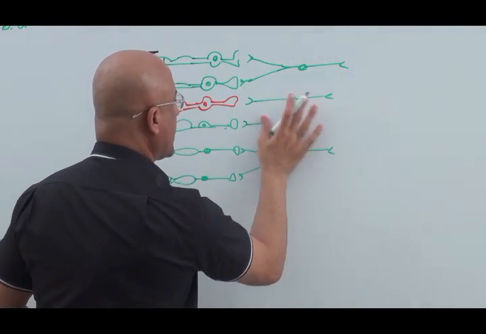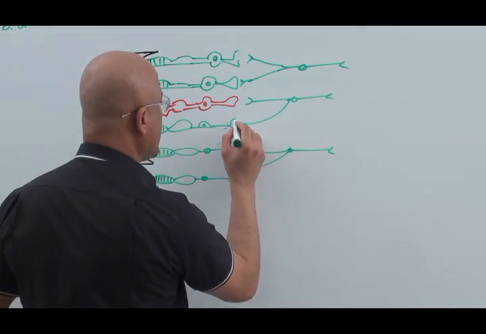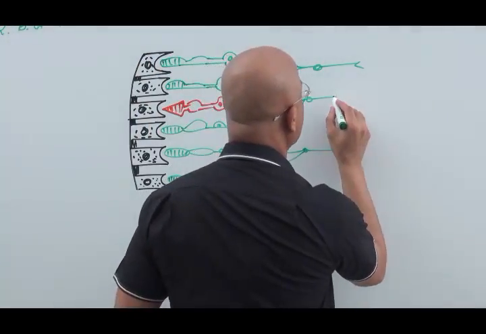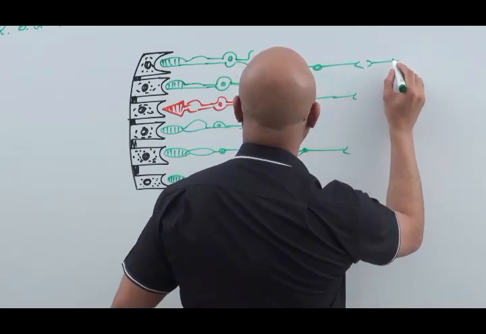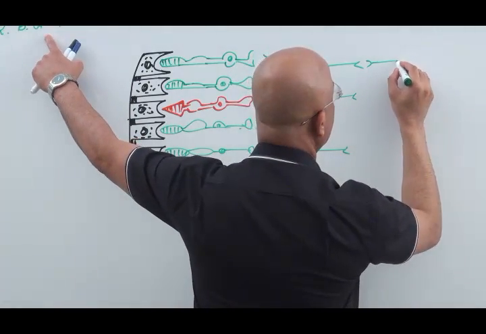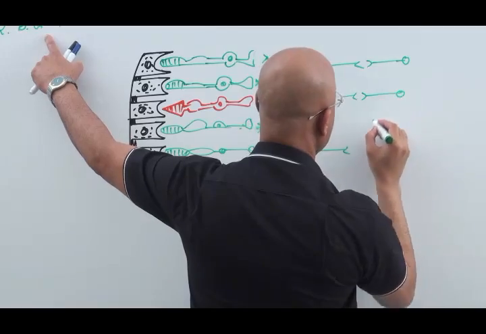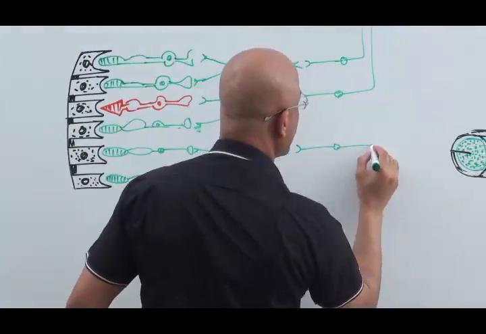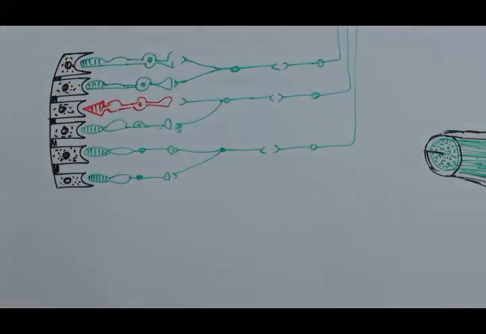Okay, I will make this also here, yes, these are bipolar cells. And after that, what is there? RBG, ganglion cells, and from here what is this going? Nerve fiber.